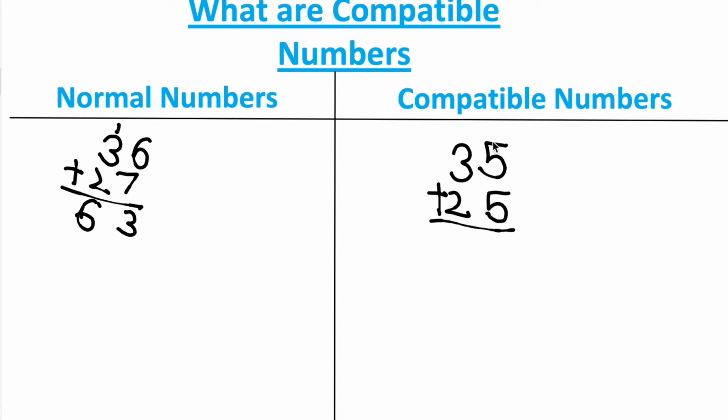So all of you know that 5 plus 5 is 10. So we put 0 here and 1 on top. And then 1 plus 3 is 4. Then 4 plus 2 is 6. So you see this? It's so close to it.